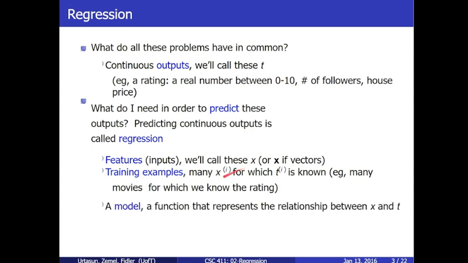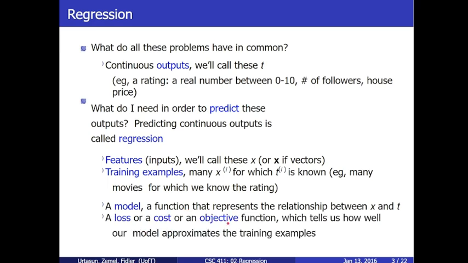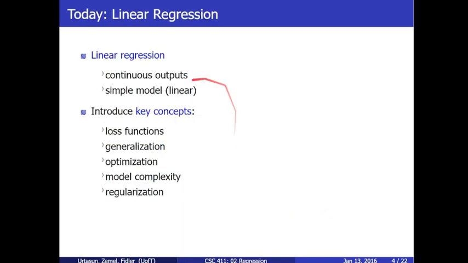A model, which means a function, a relationship between X and T, so input X and output T. A loss, cost, or objective function, which tells us how well our model approximates the training samples. And an optimization, a way of finding the parameters of our model.